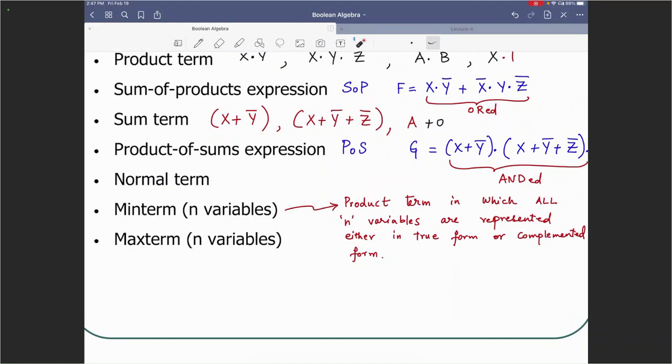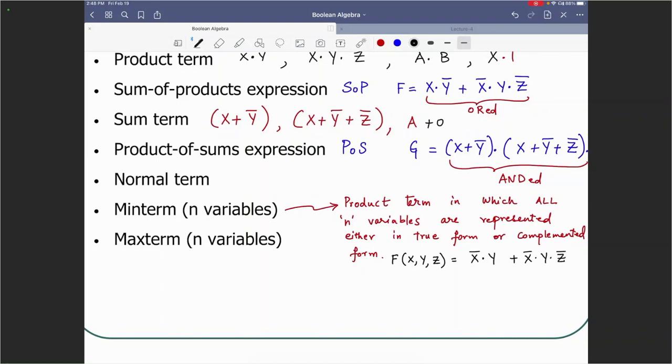For example, let me do the example in black. I have f, a function that has variables x, y, z. The logic function f depends on input variables x, y, and z. And I'm saying that function is x and y, or x complement and y and z complement, right?